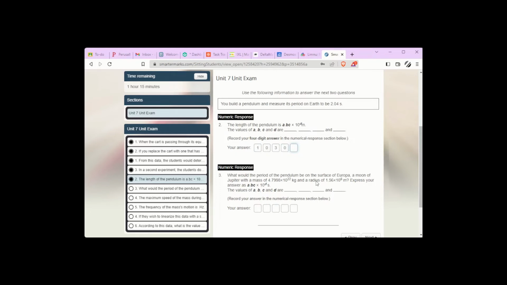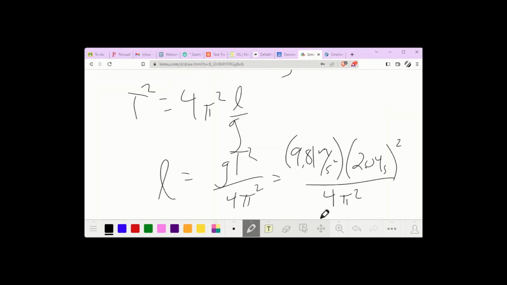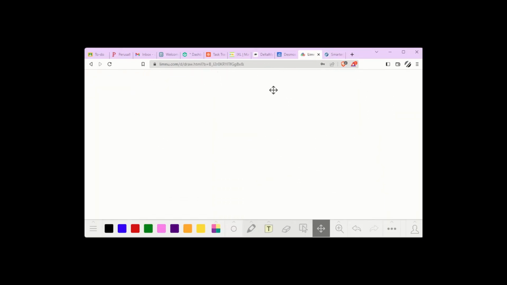Now, what would the period of the pendulum be on the surface of Europa, given this mass and radius? Well, we have to find the acceleration due to gravity on Europa. So we have that g is GM over r squared. And then we substitute that into the above formula.